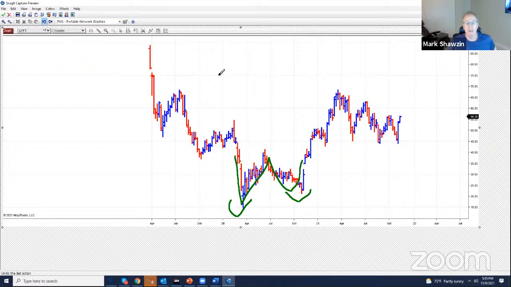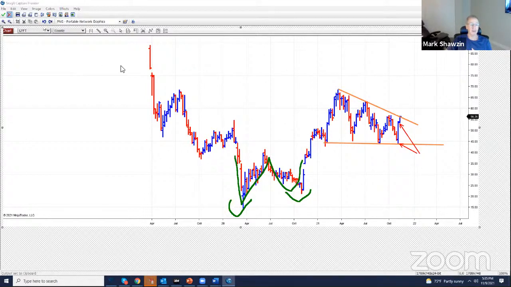To me, Lyft looks like it's put in this bottom and now it's got this triangle here, but you can see this formidable key reversal, made a new low, closed on the high last week. Probably should have bought it right there.